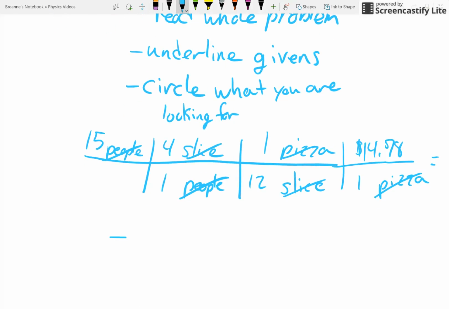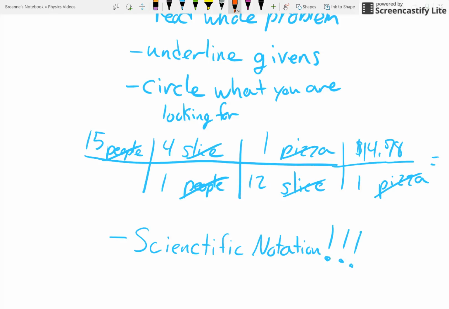Make sure you put your answer into scientific notation.